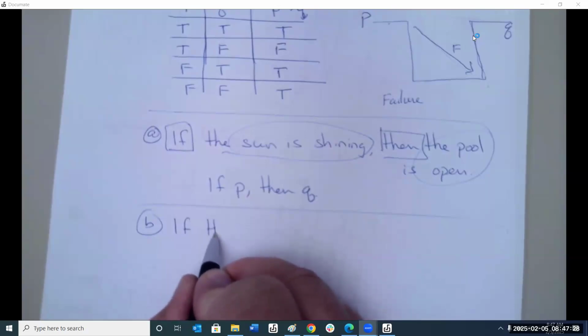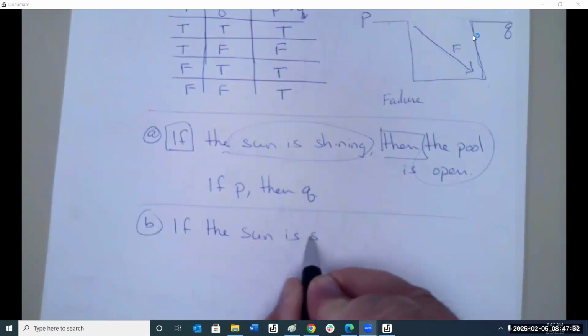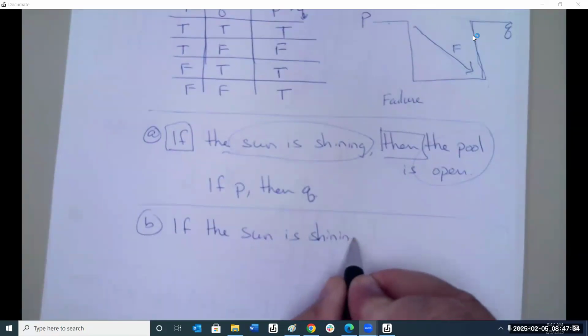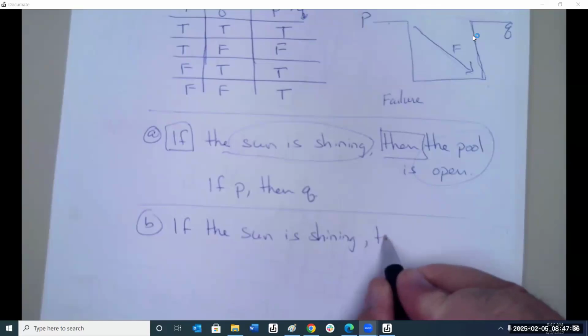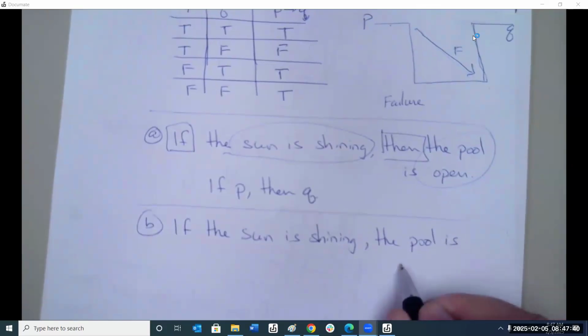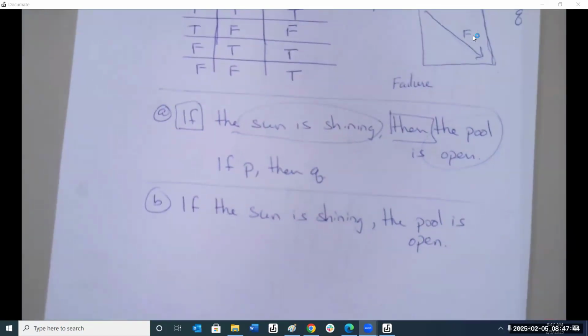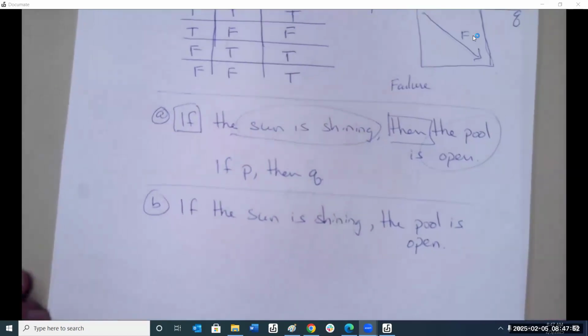If the sun is shining, the pool is open. Do they mean the same thing?